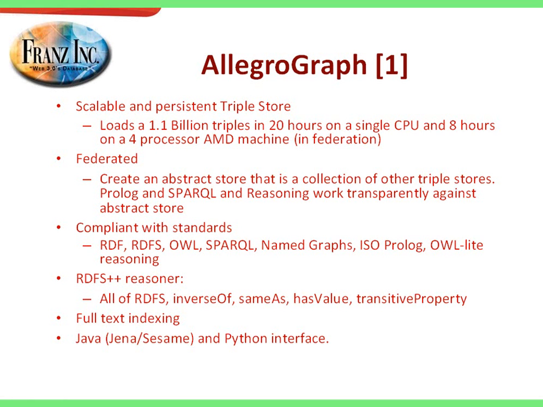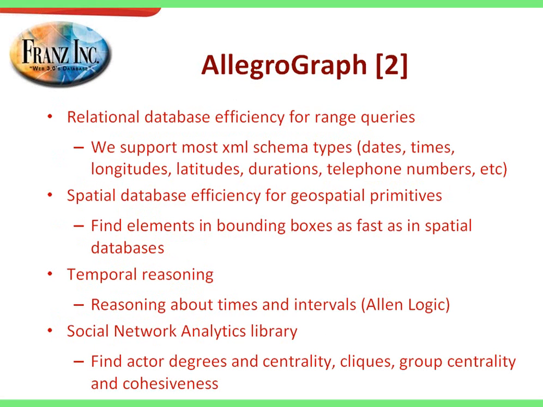It might be proprietary, but both Oracle and OWLIM are basically having the same reasoners. And I guess that in the near future there will be some kind of standard for the slightly more restricted OWL reasoning. And then we do full text indexing, and we have Java and Python interfaces to the triple store.